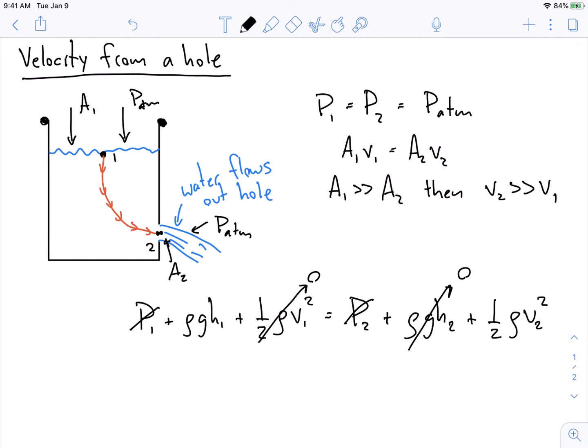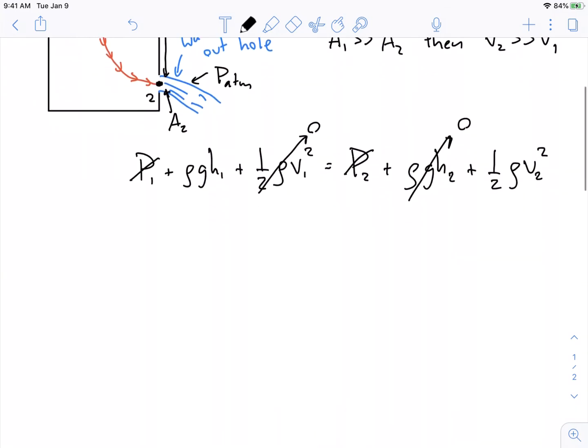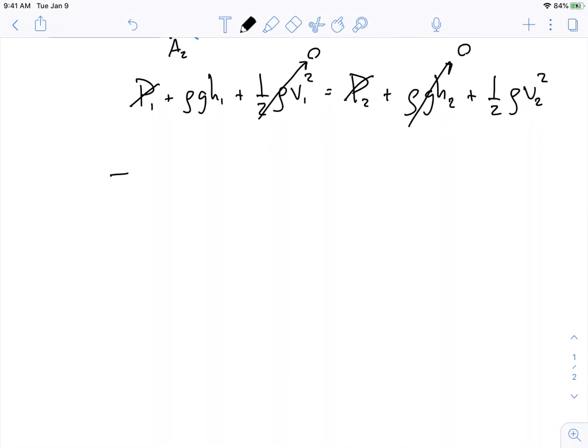We're just going to say that the height of this point is H2, and H1 is the height of the fluid above that point. So after all these simplifications, Bernoulli's equation just becomes rho g H1 is equal to 1/2 rho V2 squared. And a bunch of stuff cancels out still, like the rho's cancel out.